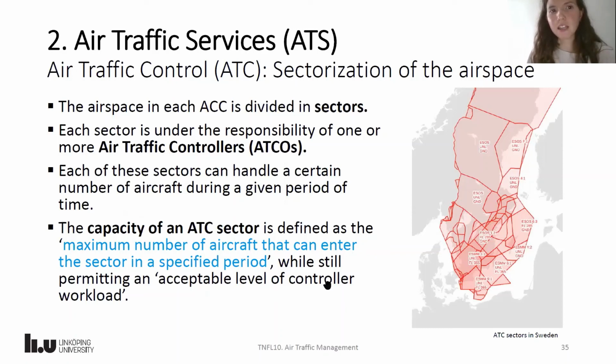What happens is that the area control service is divided into different sectors. Sectors are different units, different segregations of the airspace that are under the responsibility of one or more traffic controllers.